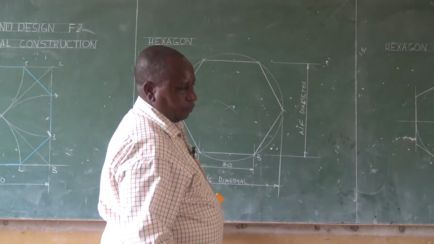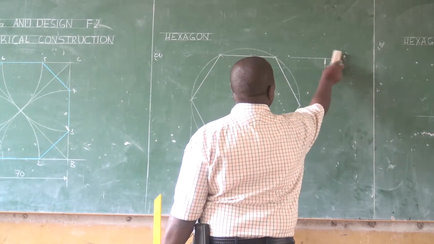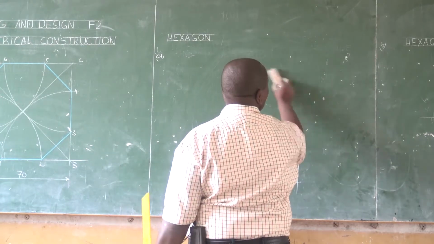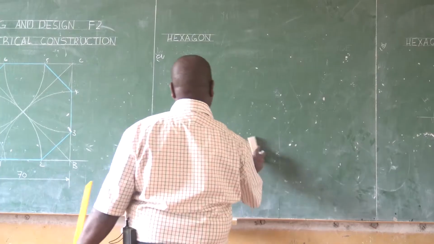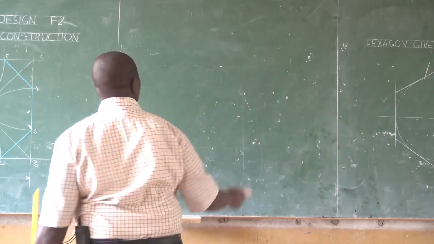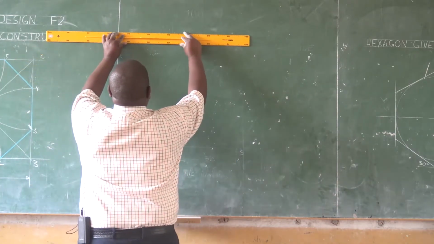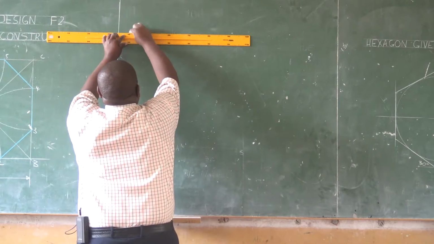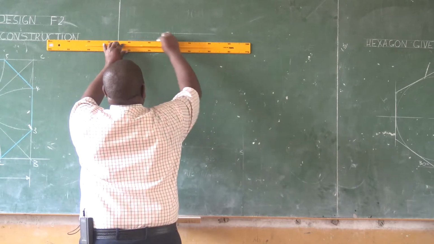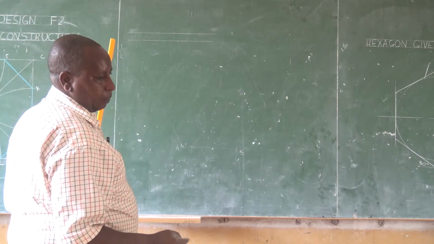So the pentagon. The pentagon is a 5-sided figure. Five-sided polygon.